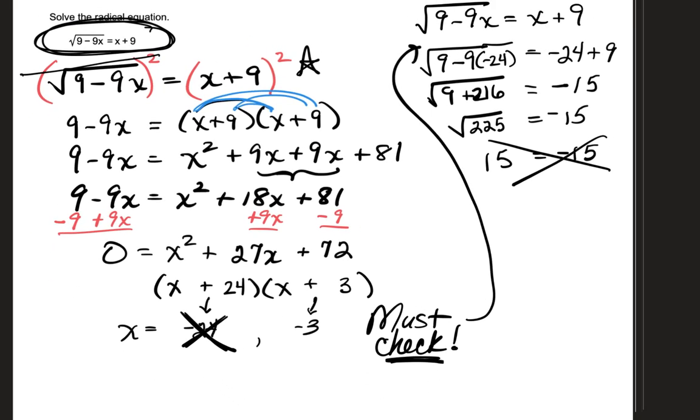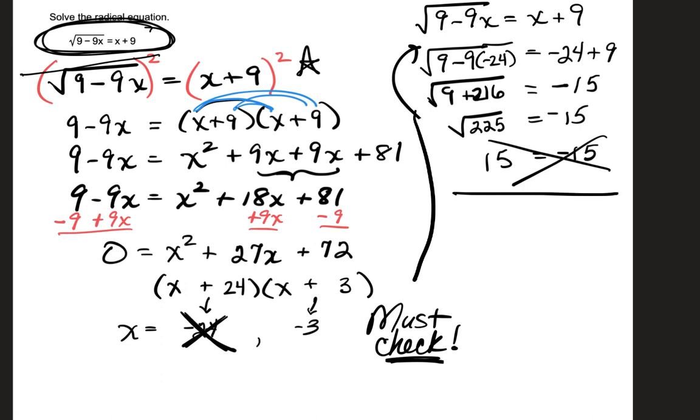Now, really quickly, let's do the 3. I'm running out of room, so we'll do it over here real quick. We're going to check negative 3 right here. Same thing: plug it into the original problem.